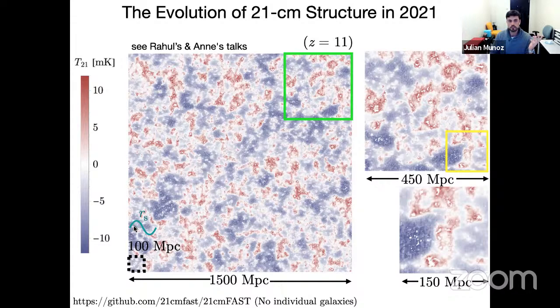For instance, we want to resolve the sound horizon of the baryons, which is 150 megaparsec. And these are the scales that are roughly measured by HERA, SKA, and so on. So our box is 1.5 gigaparsec in size. So you can see the successive zoom-ins here and here. And again, we lose the details of individual galaxies, accretion rates, merger trees, but we win this large parameter space and large cosmological volumes.